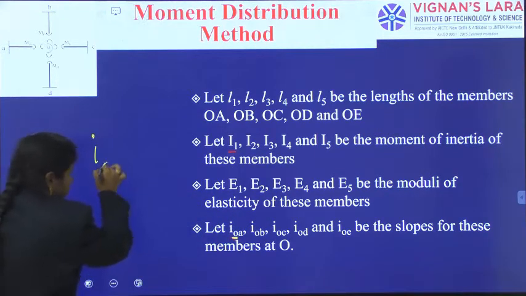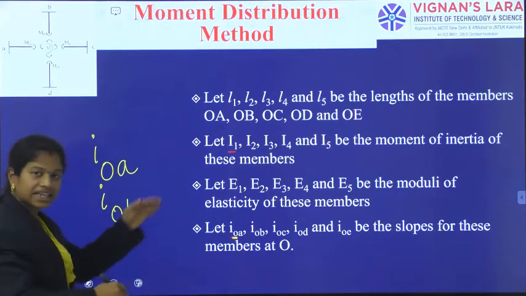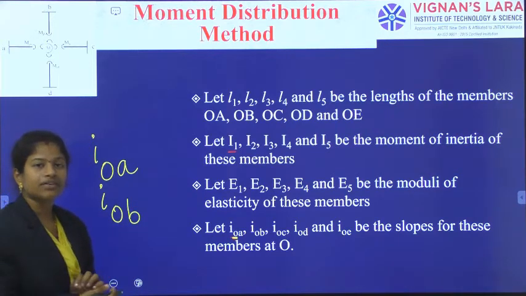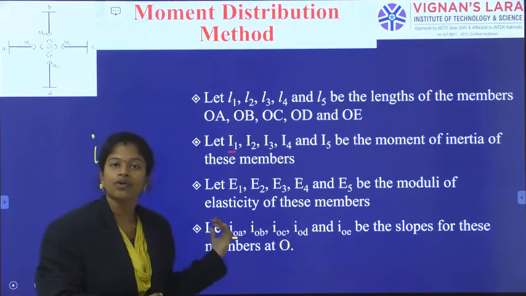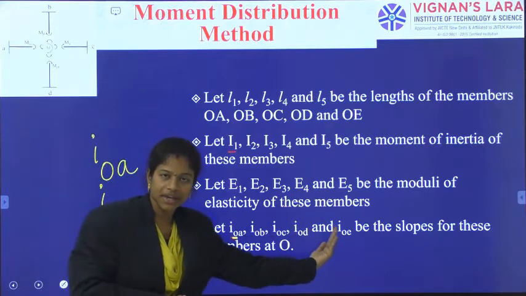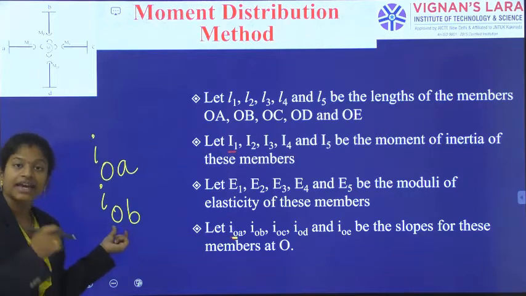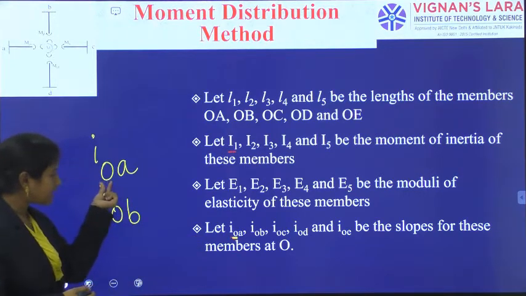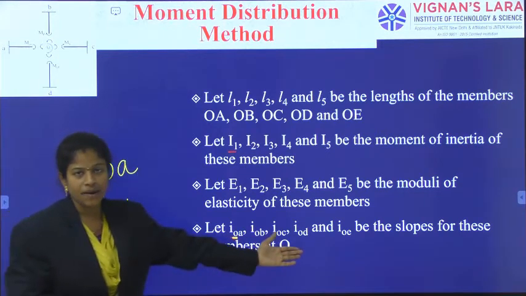Slope at O towards A, slope at O towards B. Even for the slope deflection equations, we have MAB and MBA: M at A towards B, M at B towards A. So the first term indicates at which joint, and the next term indicates towards. So at O towards A, at O towards B. In this way we have given the slope answers also.